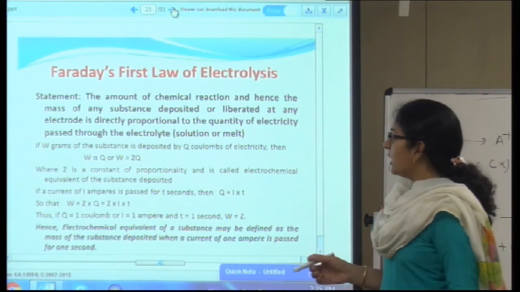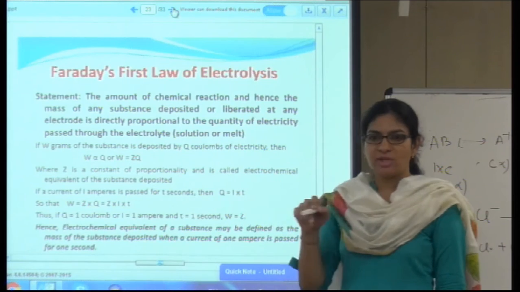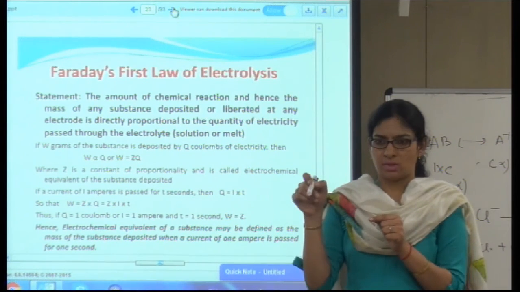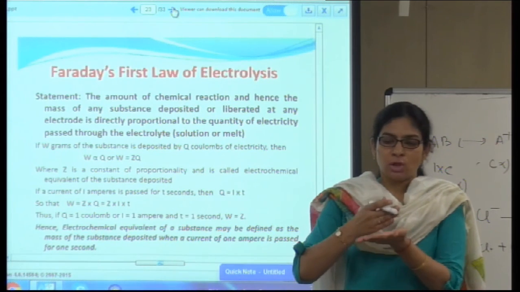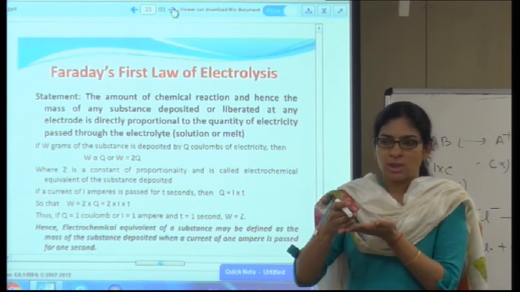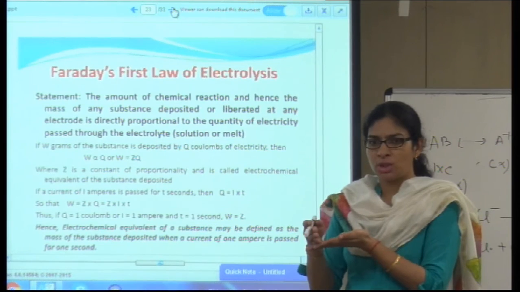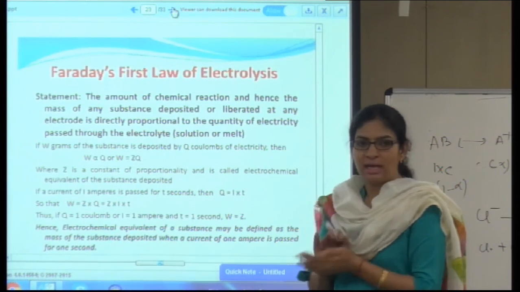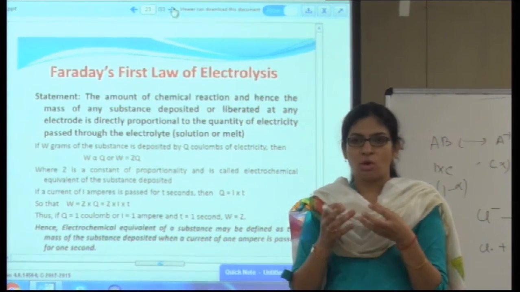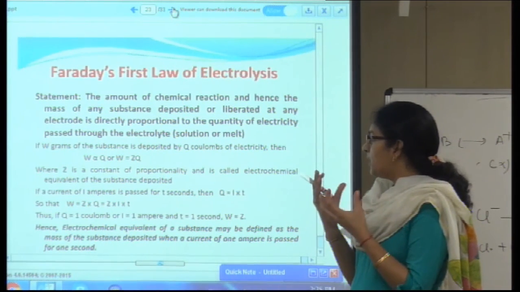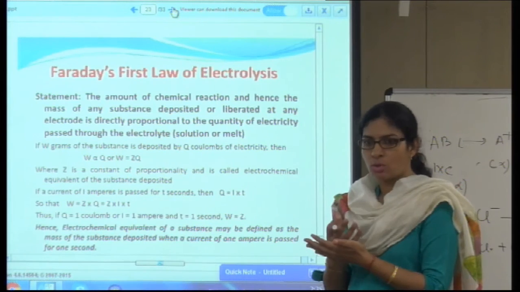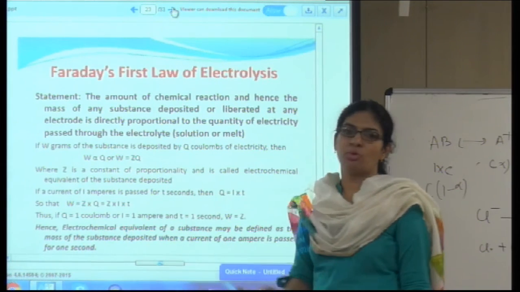So if W represents the weight in grams, it is directly proportional to Q. It means if Q coulombs of charge is being passed through the solution, and W is the mass of the metal which is being deposited on the electrode, then W is directly proportional to Q.